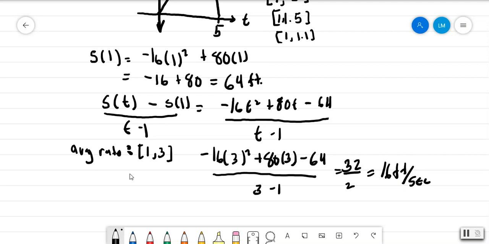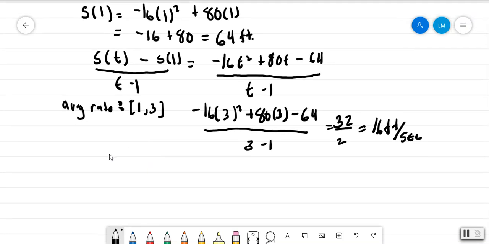Now, if we go even further to see what it is for 2, essentially you're going to do the exact same thing. We're going to look at the same thing, so the average rate for the time interval from 1 to 2. And we'll do this the exact same way.